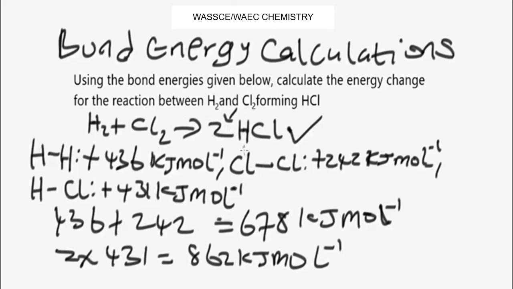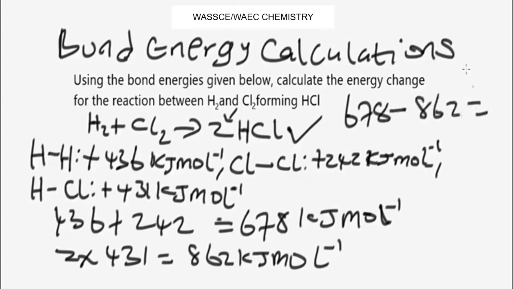Finally, to get the change, we subtract the energy released by forming bonds from the energy required to break bonds. So the energy released by forming bonds is 862 kJ per mole. So you subtract this value from 678 kJ per mole.